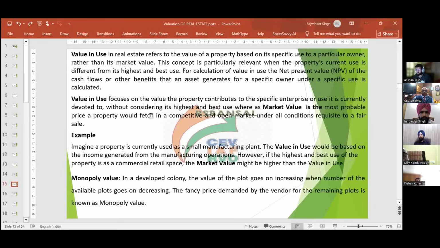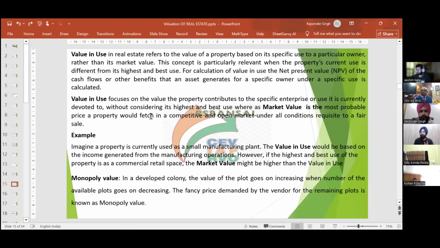Then value in use. So basically, when we discussed the market value of the property, we discussed certain things, that the property should have been put to its highest and best use.